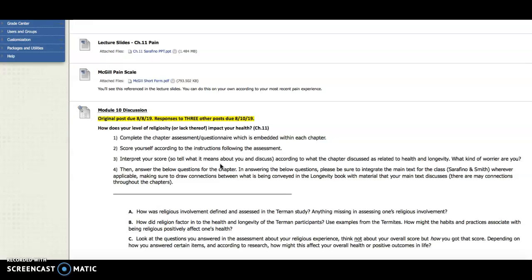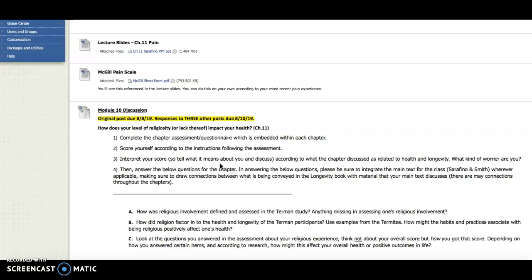They'll define what that meant, because today religious involvement can mean many, many things. But we'll take a look at what that meant for the Termites. How did they assess it? How did they define it? And then ultimately, what did it show? How did religion factor into the health and longevity of the Terman participants?